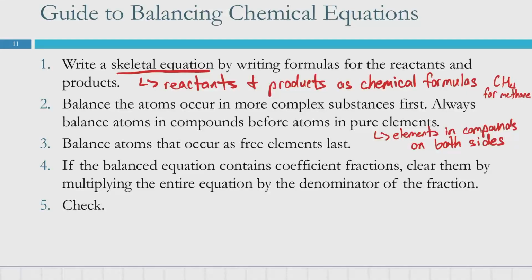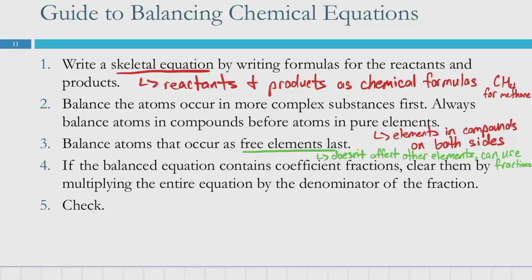And then we're going to balance atoms that occur as free elements last. The reason that we do this last is that it doesn't affect other elements. And we can use fractions for these.